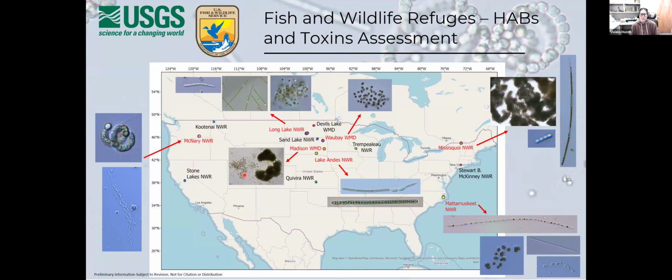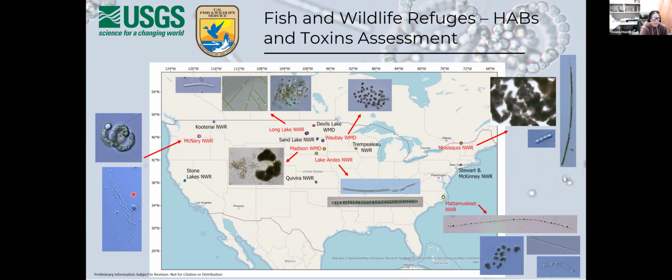Another study is a look at the HABs and toxins in several different fish and wildlife refuges. The EHIST that I work with is working with the US Fish and Wildlife Service to assess HABs and toxins in a selection of wildlife refuges where HABs have been reported.